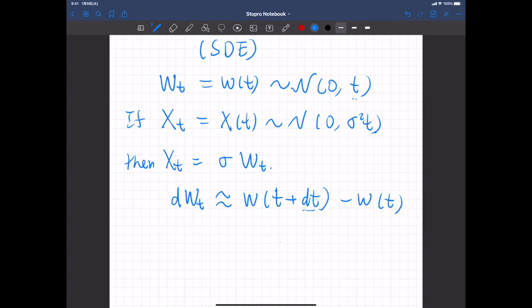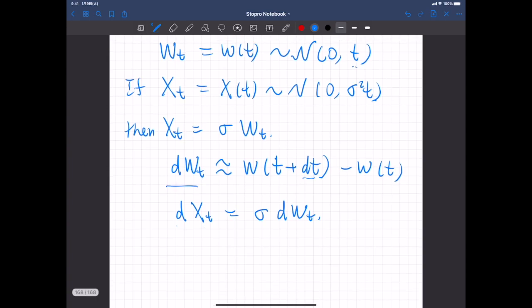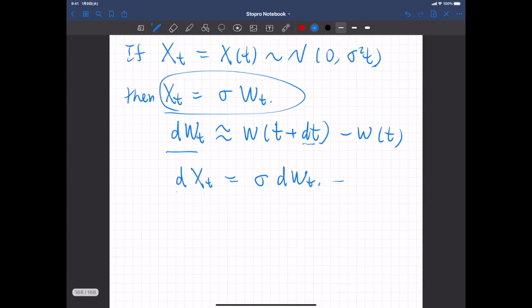So this is not the differential in any ordinary sense. But anyway, if we adopt this notation, we could write dxt as sigma dWt. So this is an example of a stochastic differential equation. But this is very formally defined. So this is nothing but a different way of saying this relationship. So it's not very interesting, but this is a start.